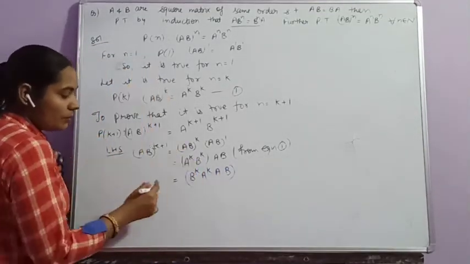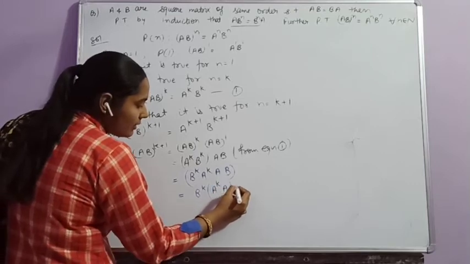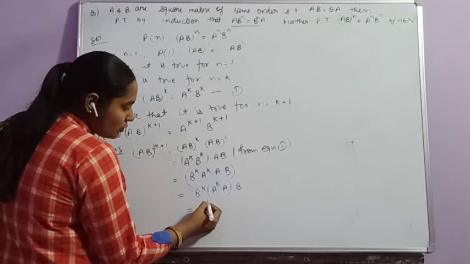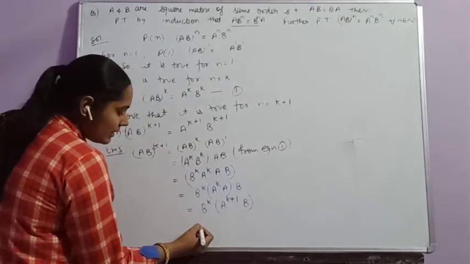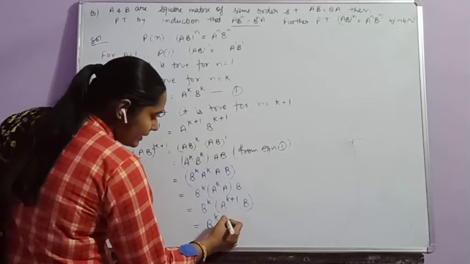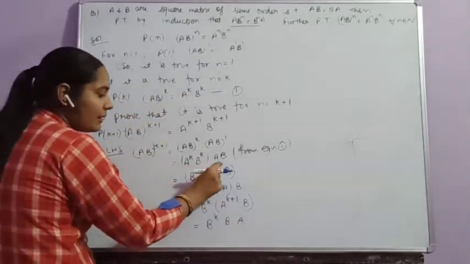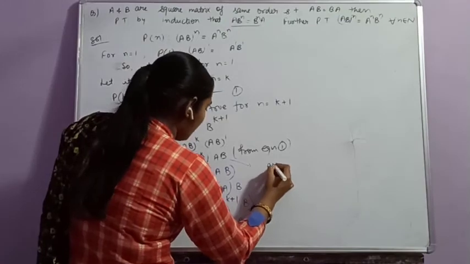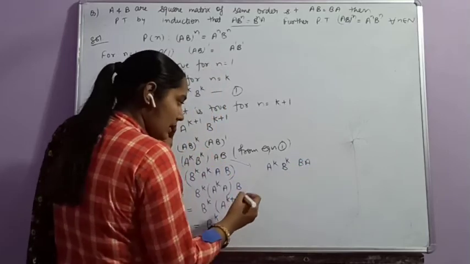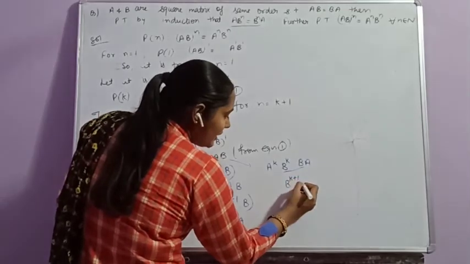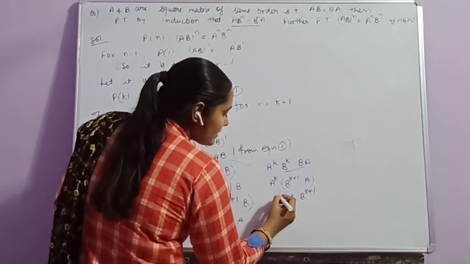As AB is equal to B, so B raised to the power k into A raised to the power k into A into B. That is B raised to the power k into A raised to the power k plus 1 into B. Similarly, AB is equal to BA, so it can be written as B into A raised to the power k, or you can simply replace AB by B. As AB is equal to B, so firstly we write B^(k+1) into A and A raised to the power k, and we know that it is written as A into B raised to the power k plus 1 into A^k.